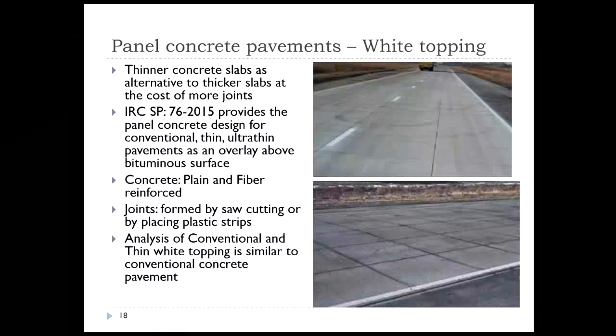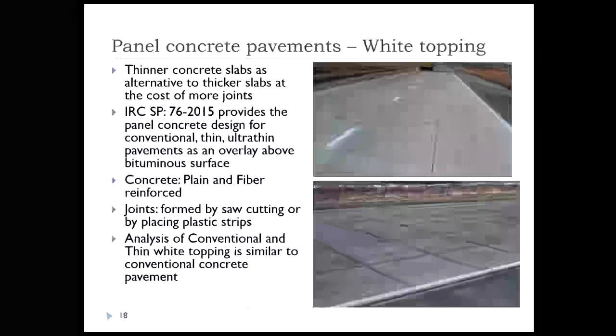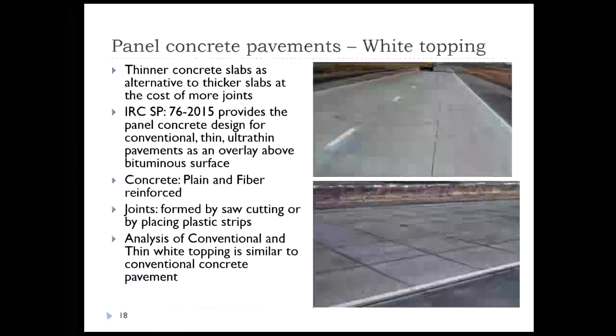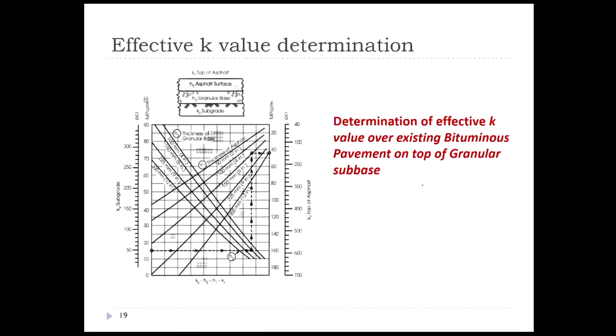The analysis of white topping is similar to that of conventional concrete pavement. What we need to understand here is that in the case of a conventional concrete pavement, the foundation is basically represented by a set of springs.